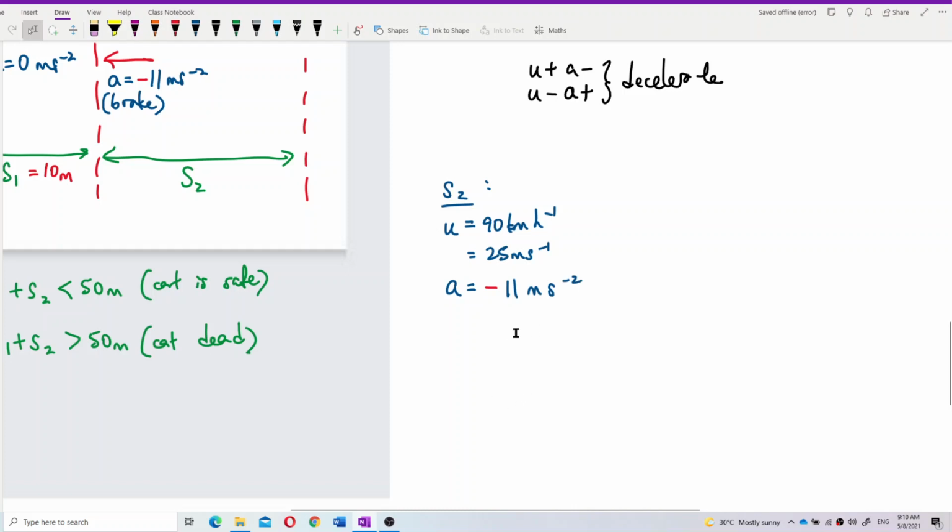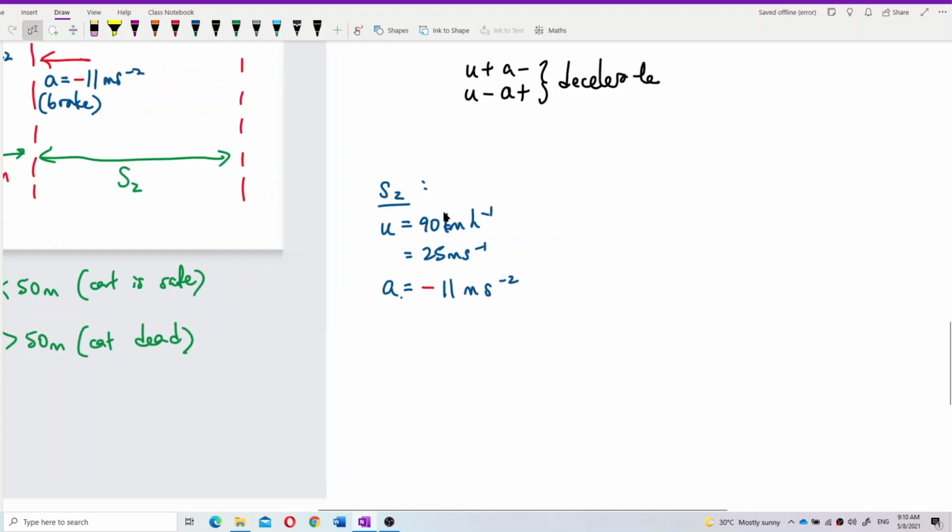Because the velocity and acceleration, one positive, one negative, are in opposite directions, the car decelerates.